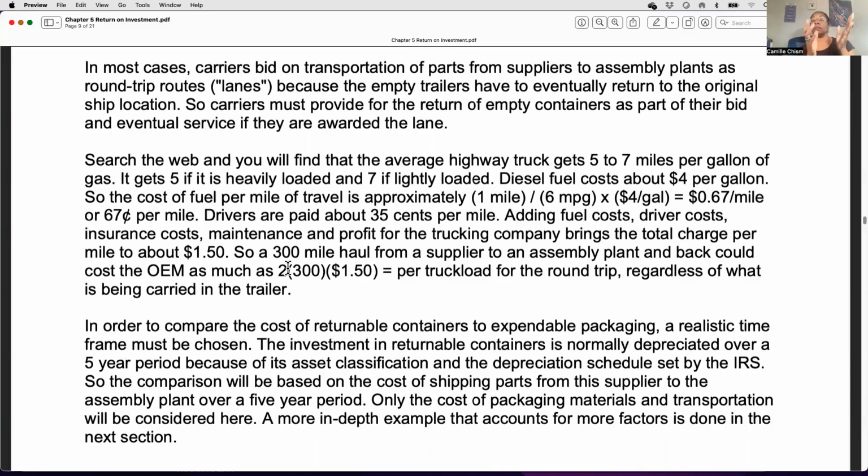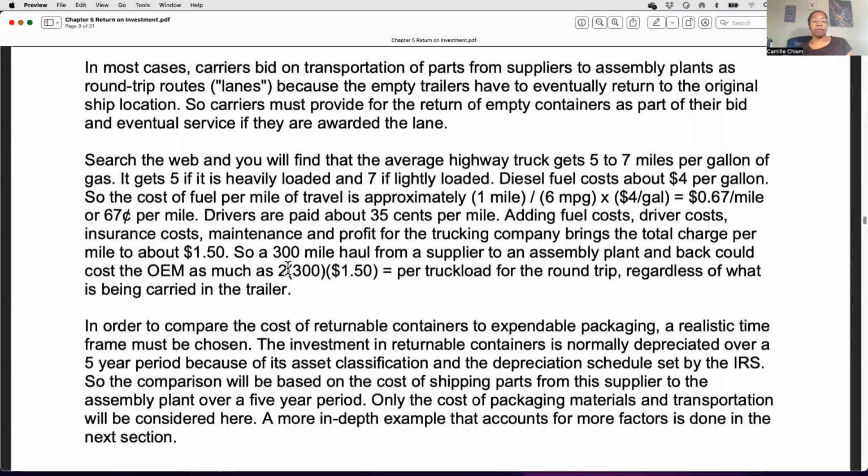Empties would be the containers with nothing in them, versus an empty truck. Either way, they're making 2 300-mile trips, and then you multiply that by $1.50, because that's your cost per mile that we just talked about. So, let me just get out the handy dandy calculator, right?